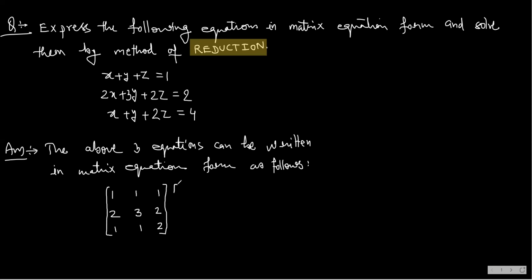The second matrix is the matrix of the unknowns, that is a column matrix x, y, z. And on the right hand side I will have the matrix of RHS numbers 1 2 4.